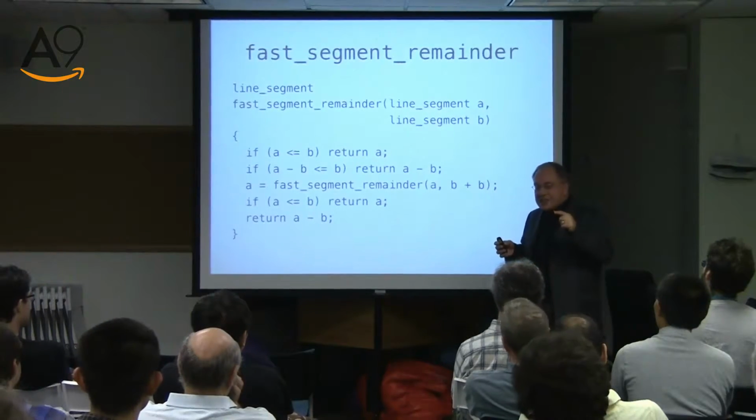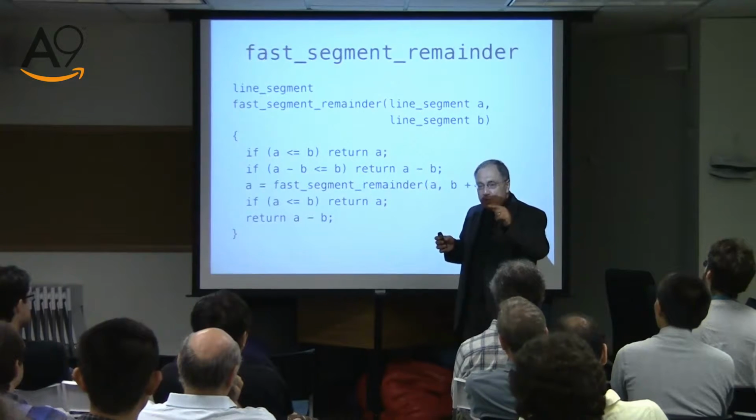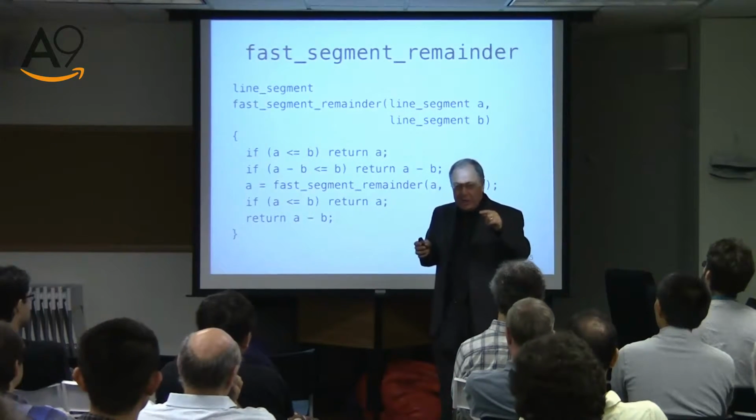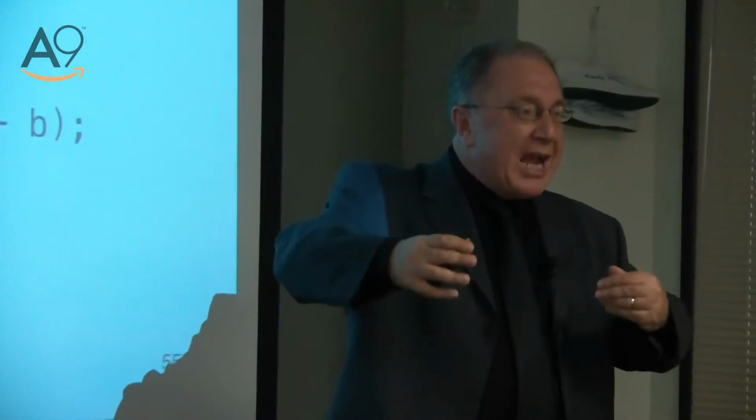So why is it a parallel to the Russian peasant algorithm? Because you see, we do this doubling. We say, let's keep doubling B till we cannot double anymore. And we keep doing it till we're done.